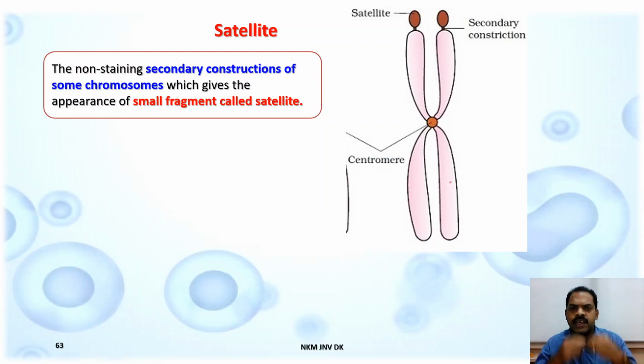It appears like a small fragment still united with the chromosome, that is called a satellite. We will discuss the role of satellites next year, because the role of satellites in DNA fingerprinting and in identification of persons is very important. So the non-stained portion of the secondary constriction, present only in a few chromosomes, is called a satellite.